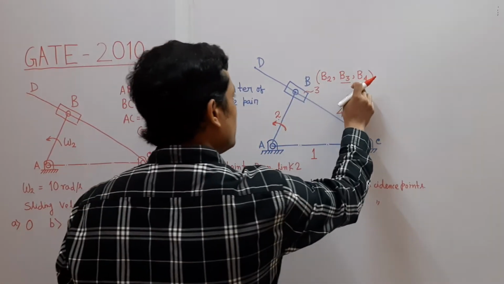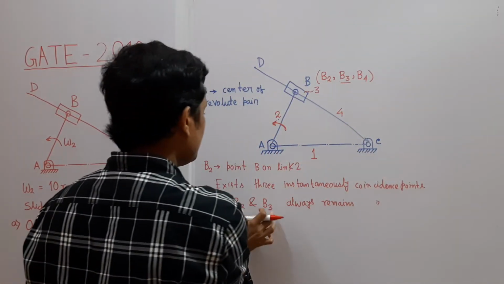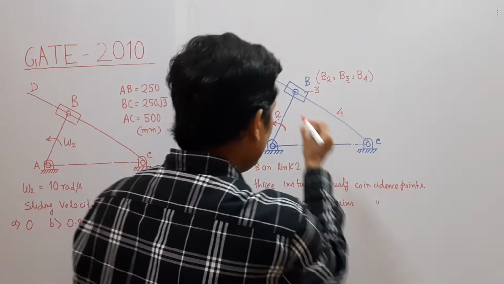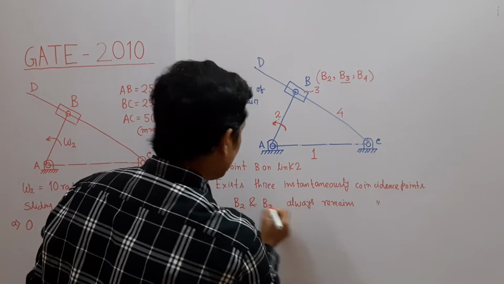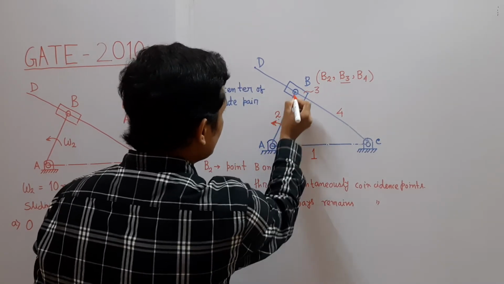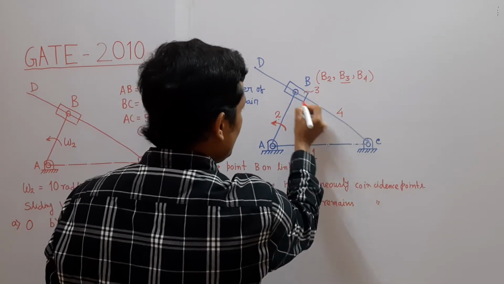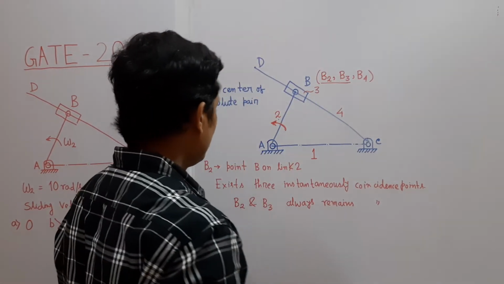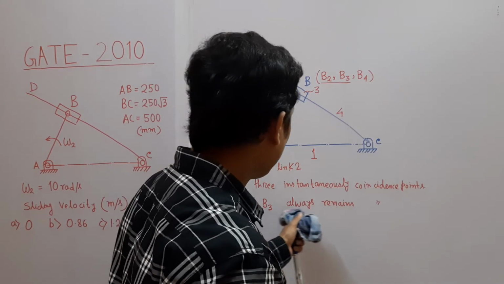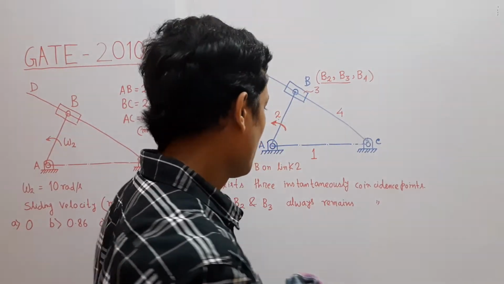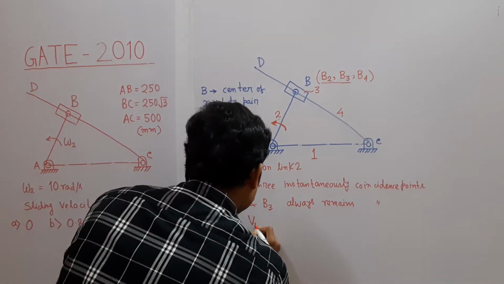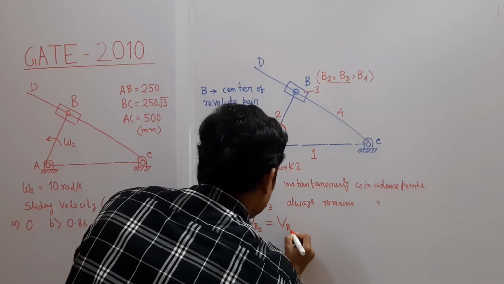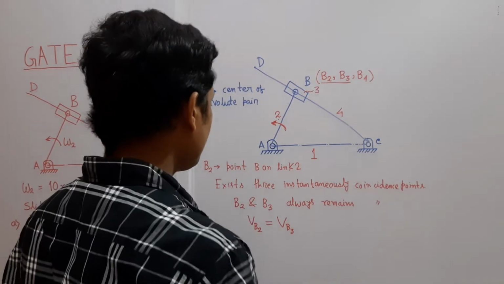But B4 is instantaneously coincident with B2 and B3. As the instant changes, B4 will shift from B2 and B3. As the crank moves, the point B4, which is point B on link number 4, will shift from B2 and B3. So B2 and B3 always remain coincident. So velocity of link 2 at point B will always be equal with velocity of point B at link 3.